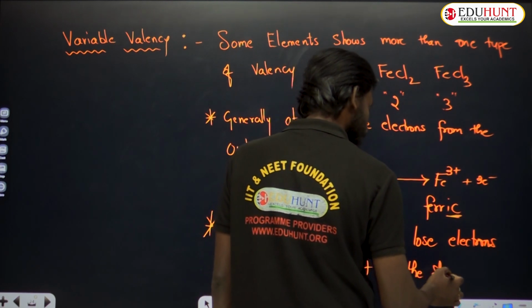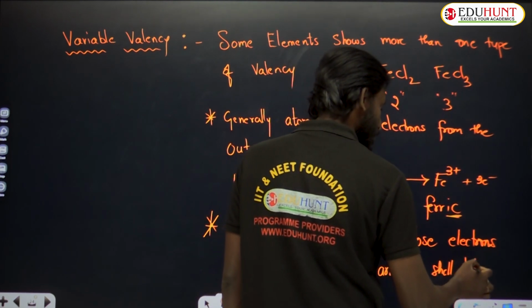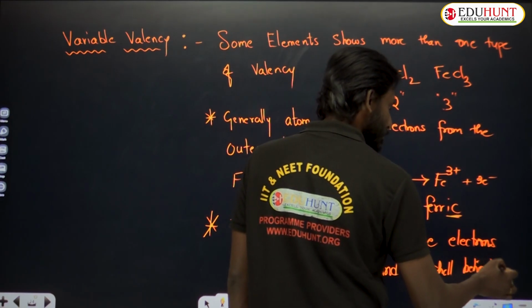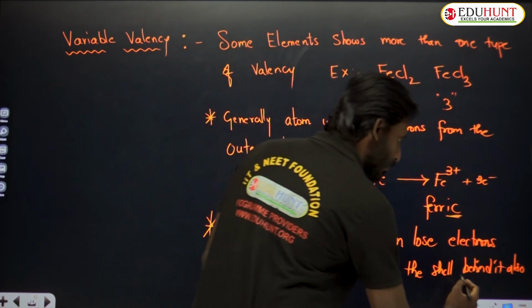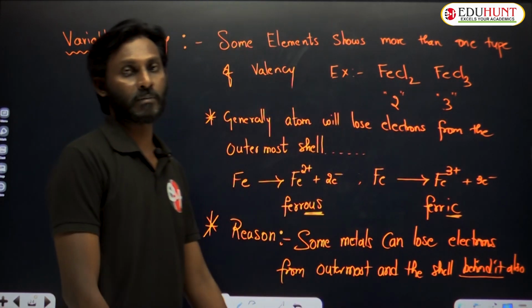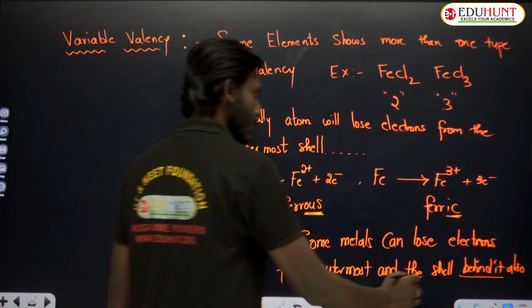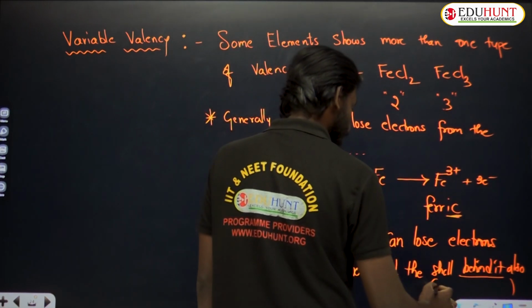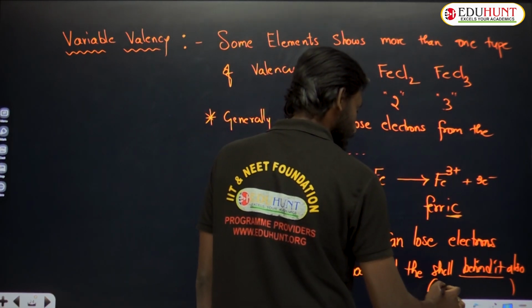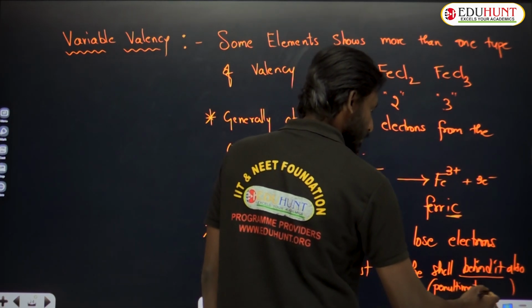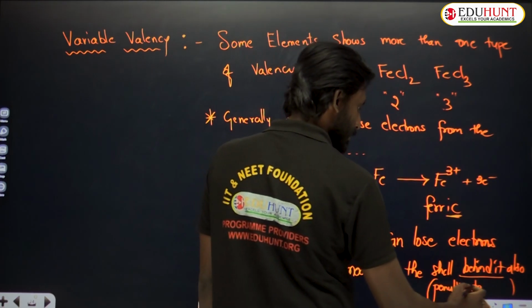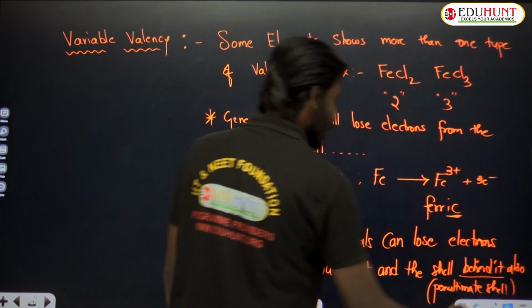The shell behind the outermost shell, okay, the shell behind the outermost shell is called penultimate shell. We are going to learn it later. Penultimate shell. I'll explain what happened here.